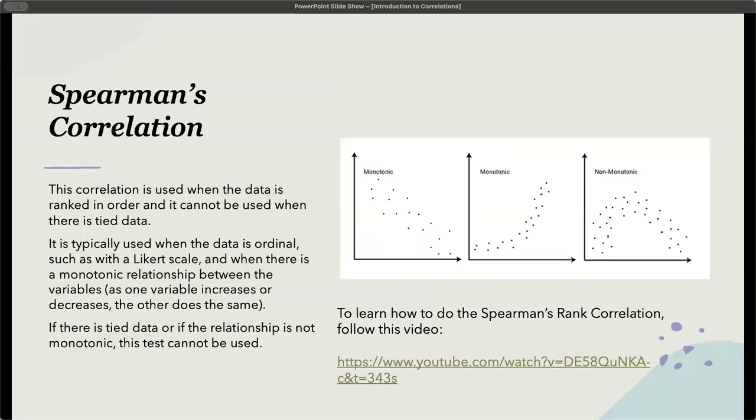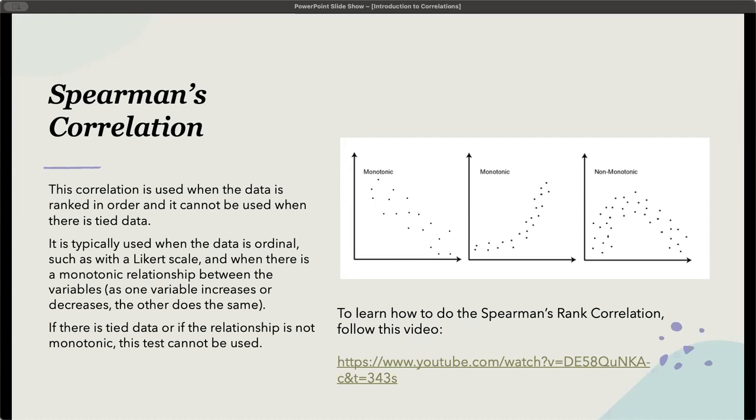Spearman's correlation is used when the data is in ranked order, and it cannot be used when there is tied data. So this is typically used when the data is ordinal, such as with a Likert scale, and when there is a monotonic relationship between the variables: as one variable increases or decreases, the other does the same.